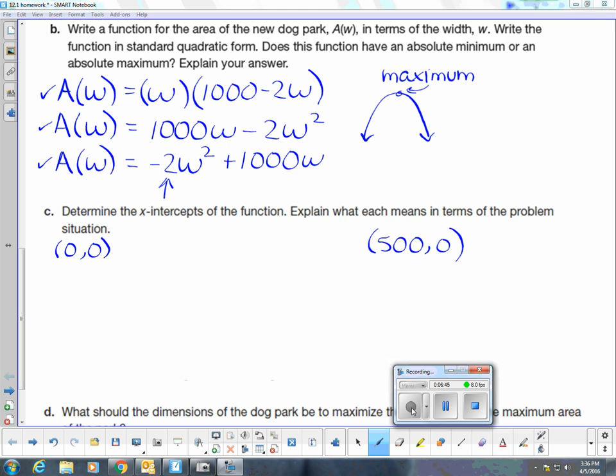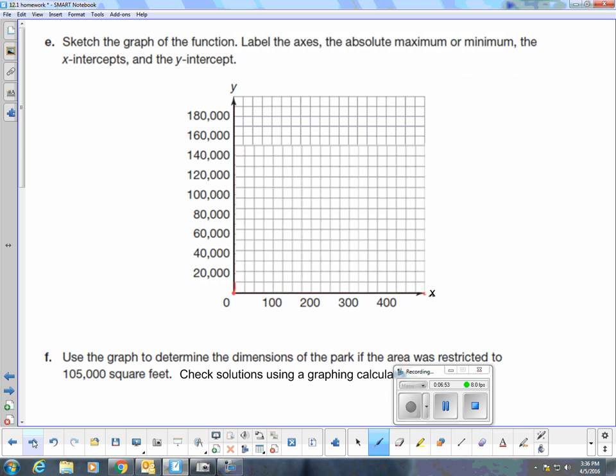Now, to help me understand what these two coordinates mean in terms of this problem situation, we're going to go ahead and go to part E. We're going to sketch this graph. We're going to talk about what the axes represent and what each value on the graph represents. So along the x-axis, all of these values here represent the width.